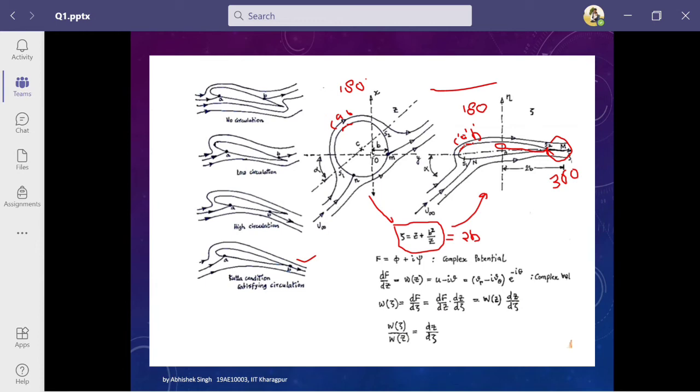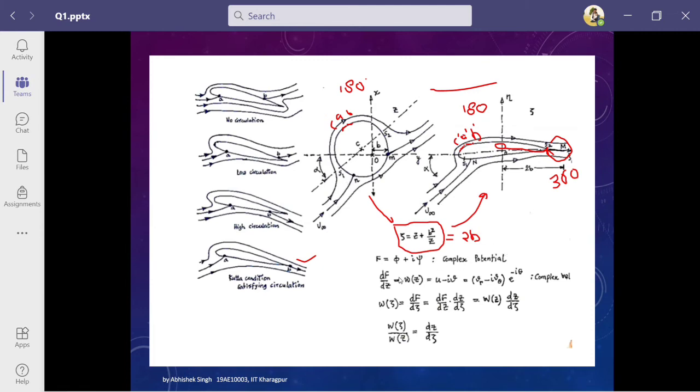From all these factors we draw the circle, and by this transformation we get the flow around the airfoil, and from this flow we get a value of circulation, and hence we get the value of lift. So this is what we get from this Joukowski transformation.